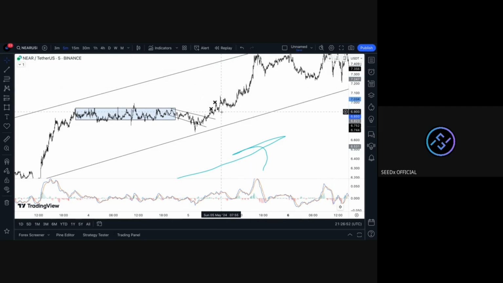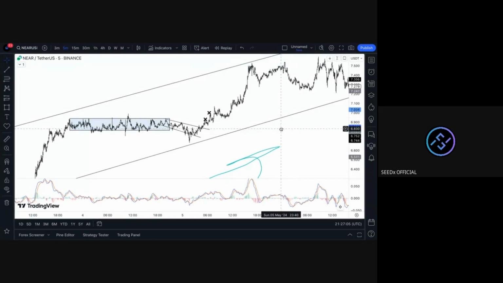So it didn't only give you this entry, but also gave you an entry here. Do you understand? It gave you another chance to go, and you can only play around like this when you know the trend. You can't just do this anywhere.